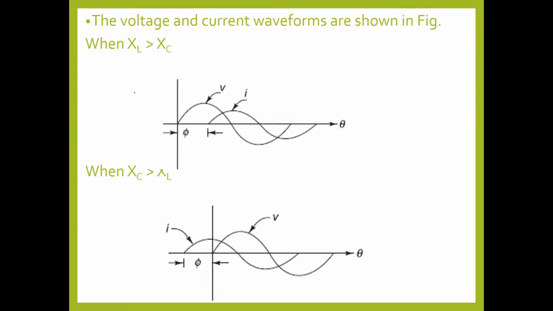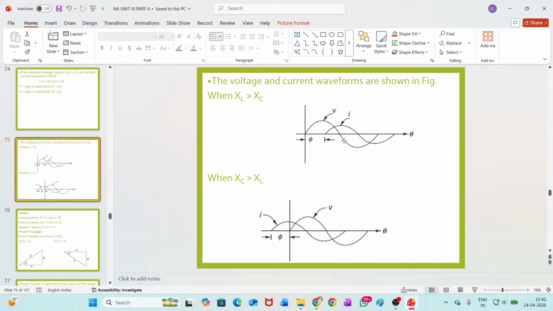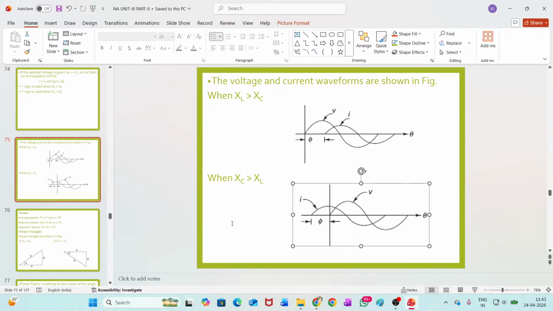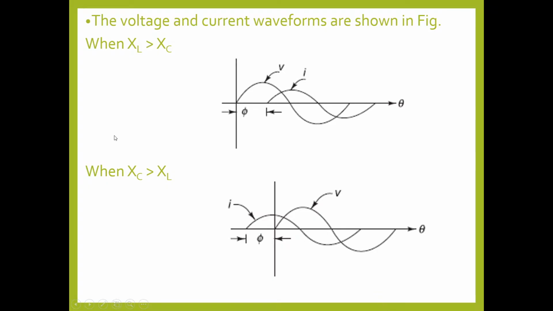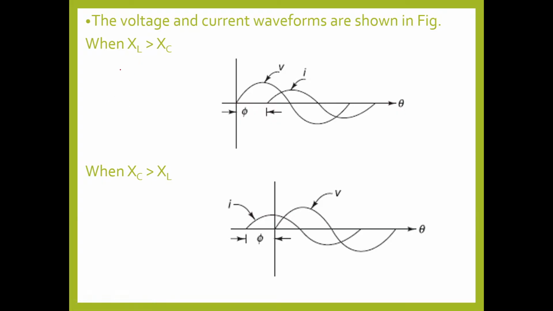If XL is greater than XC, voltage leads current by an angle of phi. If XC is greater than XL, current is leading, voltage is lagging.